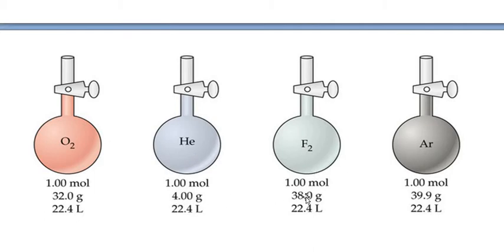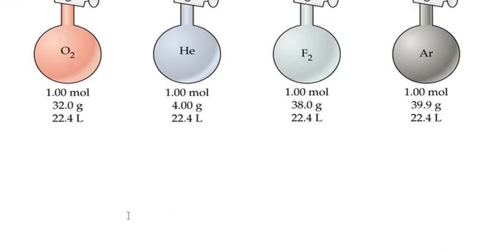This is the molecular mass of fluorine, 2 by 19, where 19 is the atomic mass of fluorine, and this is the atomic mass of argon gas. At these conditions, 22.4 liters is the molar volume of 1 mole of any gas at STP conditions.